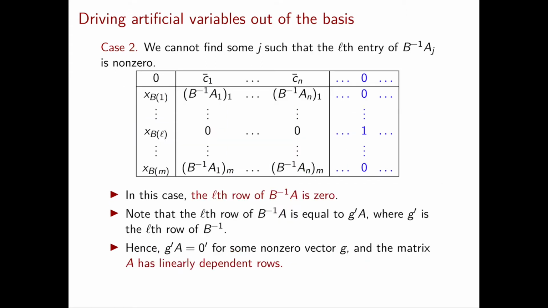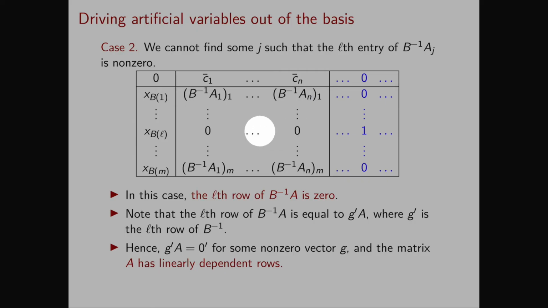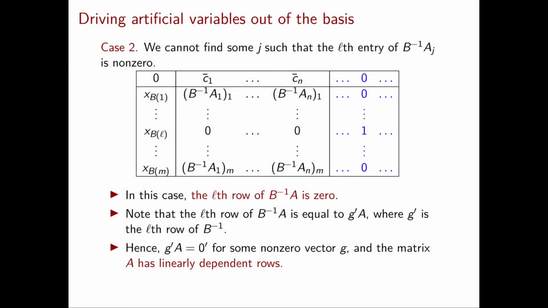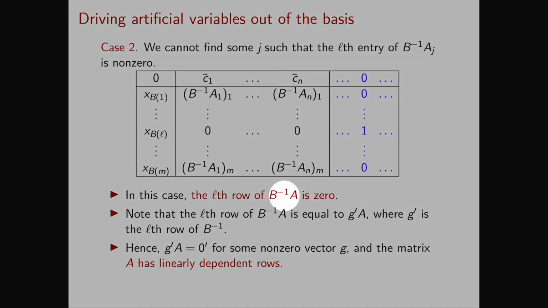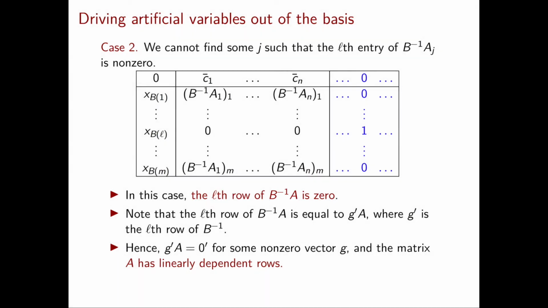In the second case, when we look at the nth row of the tableau, then in the columns corresponding to the original variables, we find only zeros. This means that the nth row of the matrix B inverse A is equal to 0.